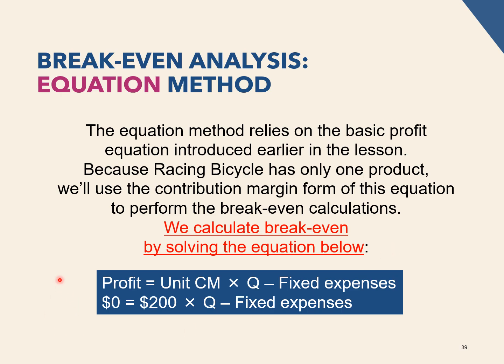You take net operating income, which is the profit, equal to unit contribution margin times break-even quantity minus fixed expenses. In our case, you have to set the profit equal to 0. So 0 is equal to 200, that is our unit contribution margin, times break-even quantity minus fixed expenses, which is $80,000. By solving this equation, you can get the break-even point.